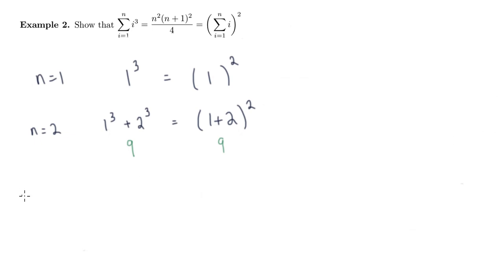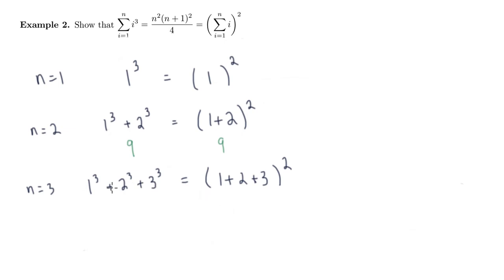let's look at n equals 3. What the n equals 3 case is saying is that 1 cubed plus 2 cubed plus 3 cubed is the same thing as 1 plus 2 plus 3 all squared. And hopefully you're starting to see how unexpected this is.